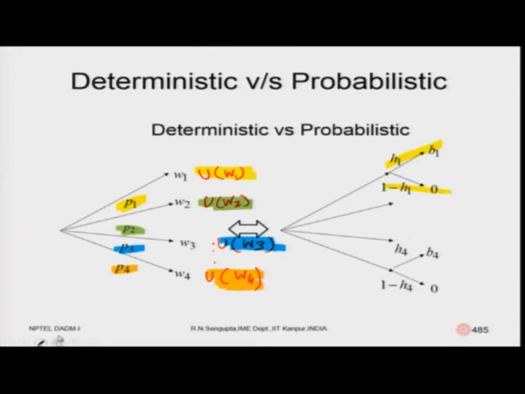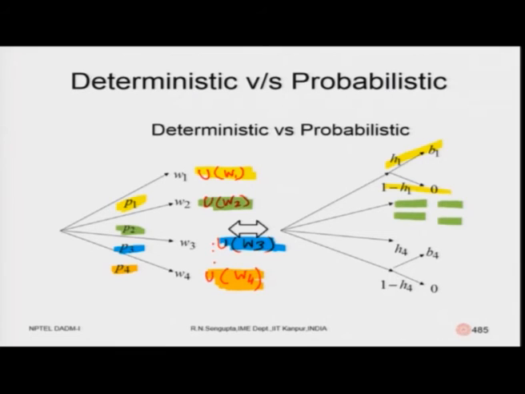Next, when I go to the second one, which is not shown, the second one will have a fair gamble with probabilities, say, h 2 and 1 minus h 2, and the values on the arms are b 2 and 0. So, obviously, in that case the expected value for the gamble would be exactly equal to u w 2.